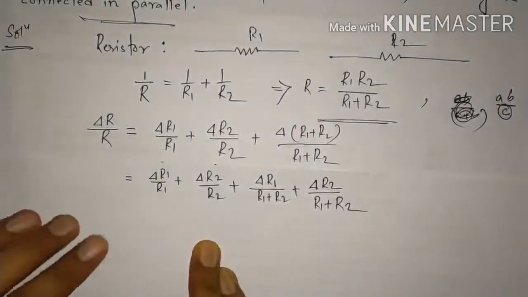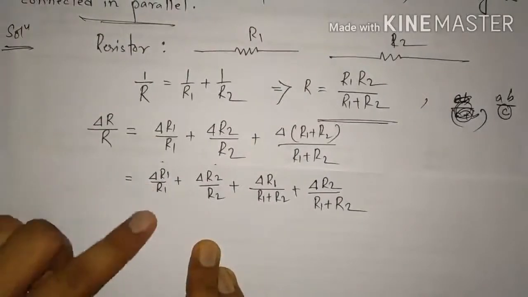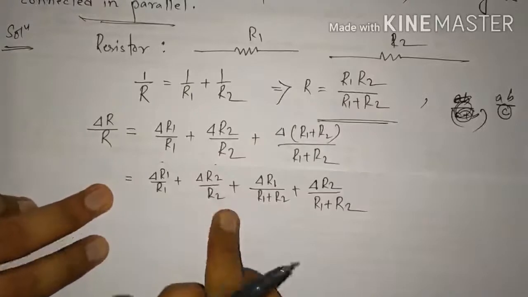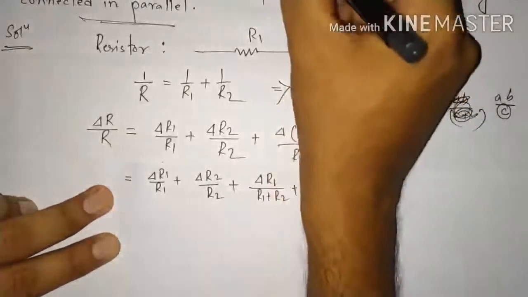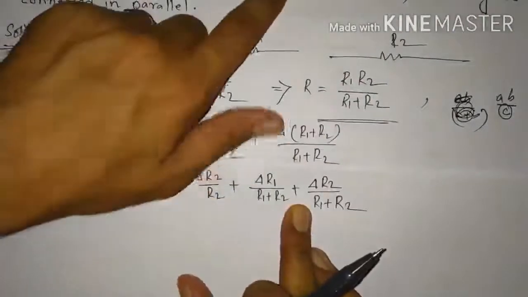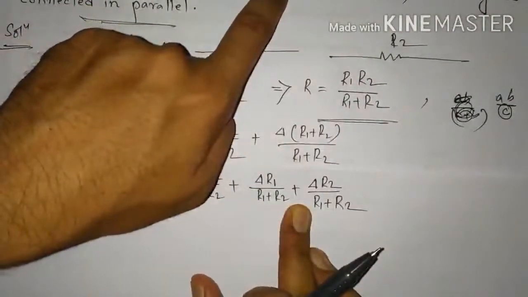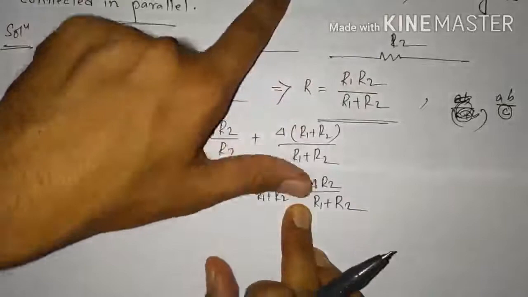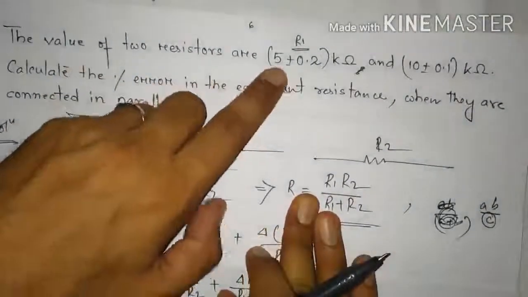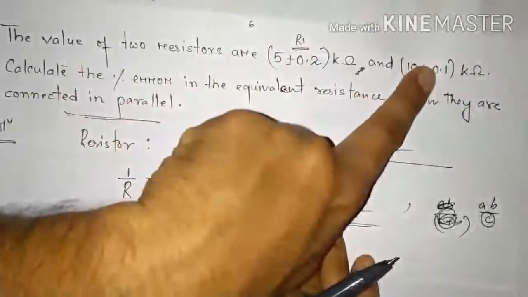Fine. So now let us put the values of delta R1 and R1, delta R2 and R2. Say for example we are considering the resistance expressed as 5 plus minus 0.02 kilo ohm. Say this is our R1, this is our R2.